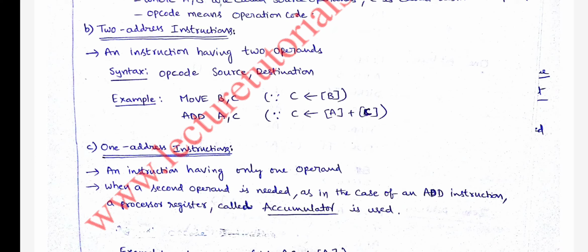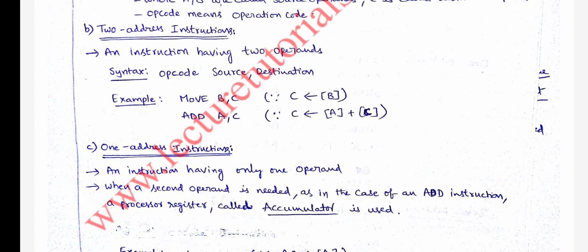See example, move B, C. Here the content is moved from B to C. And add A, C. Next instruction, add A, C. We have to add the contents of A to C. The C already contains the content of B and stores the result in C.